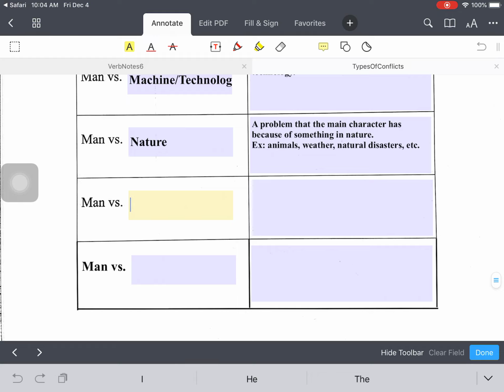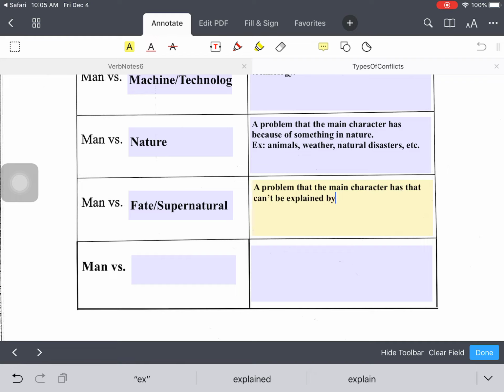The next one is man versus fate or supernatural. This one's a little more complex too, because it's a problem that the main character has that can't be explained by natural laws.